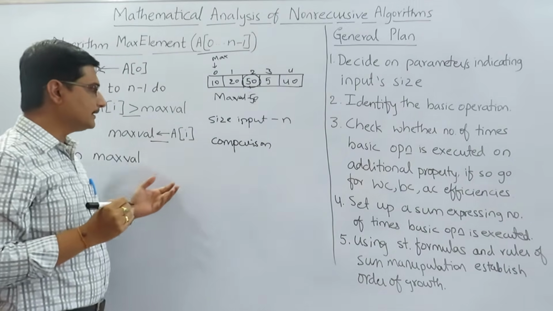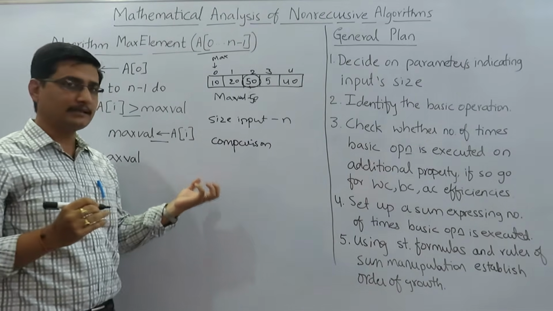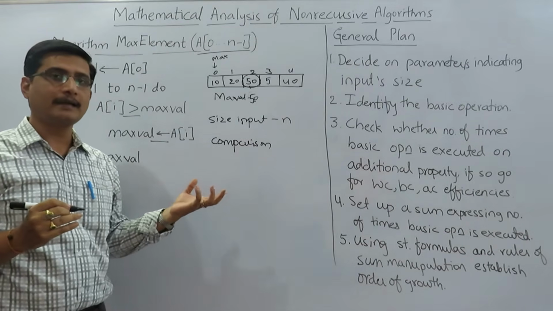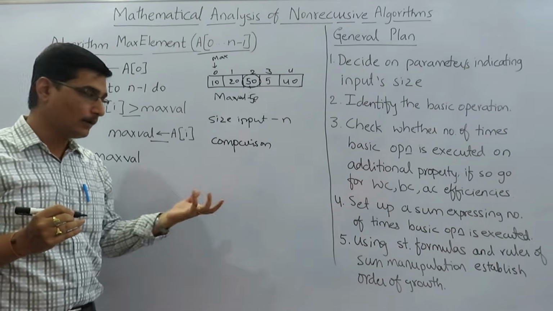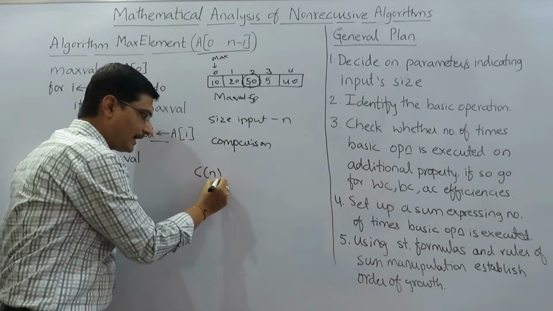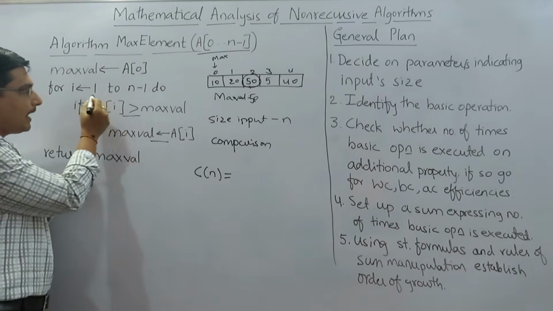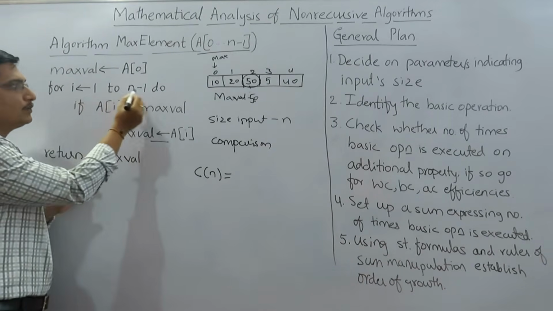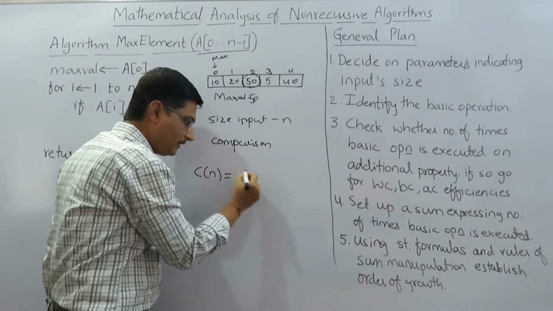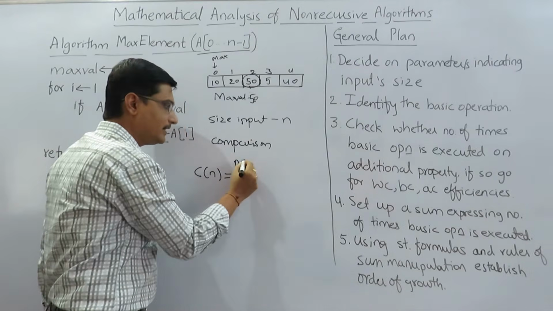Okay, the third point is we need to set up a sum, that is, we need to find the order of growth. How we can find the order of growth of the basic operation count: the number of times this comparison is going to happen is one time for every i from i equal to 1 to n minus 1.